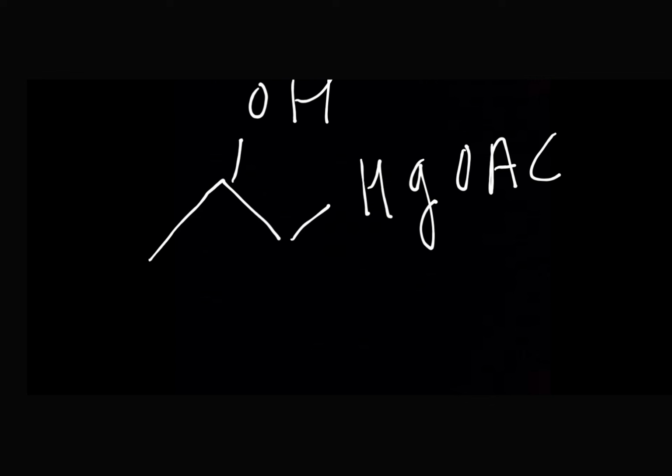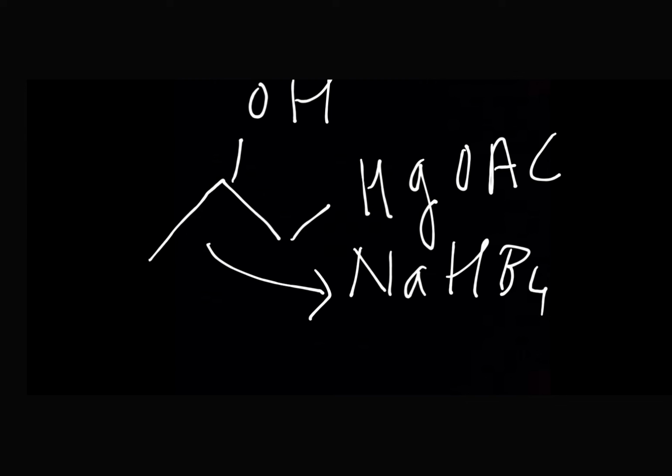But now, to remove this particular group from the compound, we'll add NaBH4. The mechanism of this reaction with NaBH4 would require higher chemistry knowledge, which I don't really have at this stage.